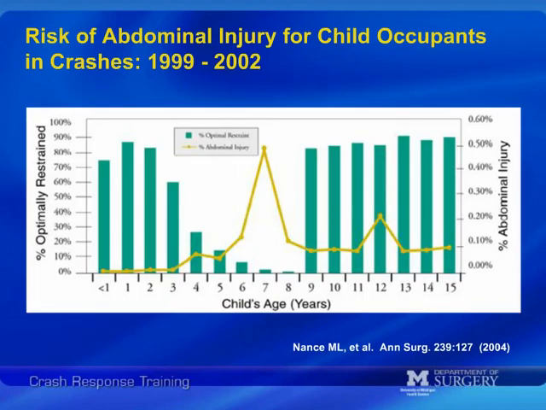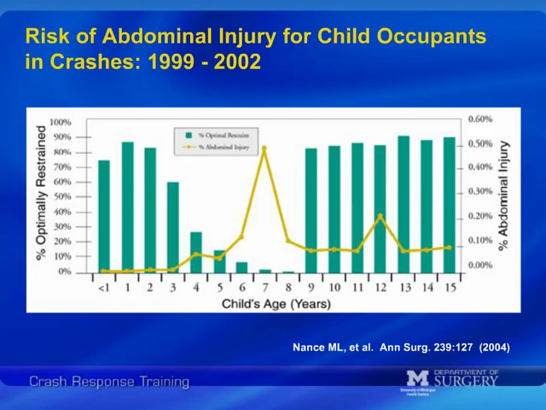Now, this risk of abdominal injury for child occupants is concentrated in this in-between age of age 4 to age 9 or so. That's because children younger than age 4 are typically small enough to fit into one of the safety seats, which have harnesses and better protect the body.